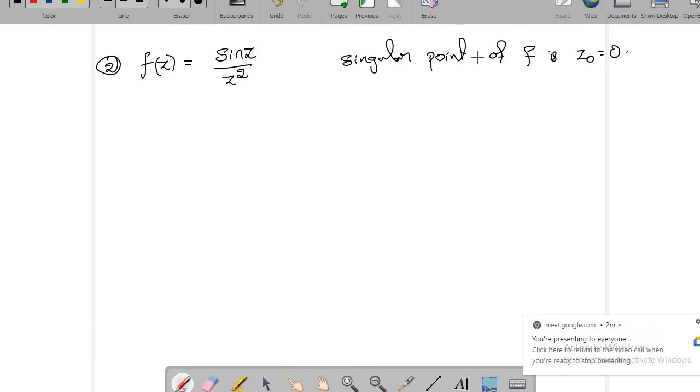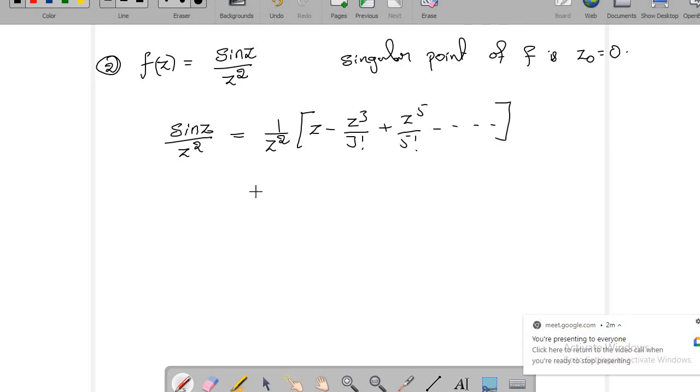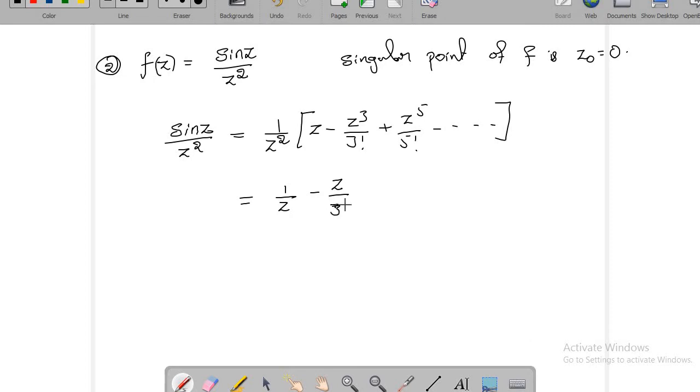So first you need to write the Laurent series expansion about 0. So sin Z by Z square is 1 by Z square into Z minus Z cube by 3 factorial plus Z power 5 by 5 factorial minus and so on. So now I can see 1 by Z minus Z by 3 factorial plus Z power 3 by 5 factorial minus and so on.